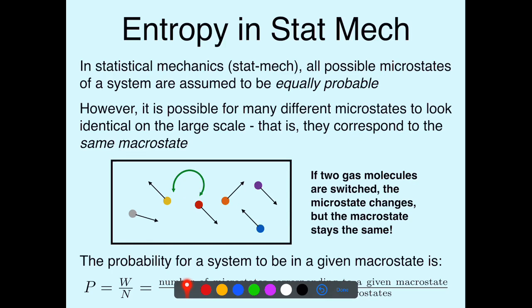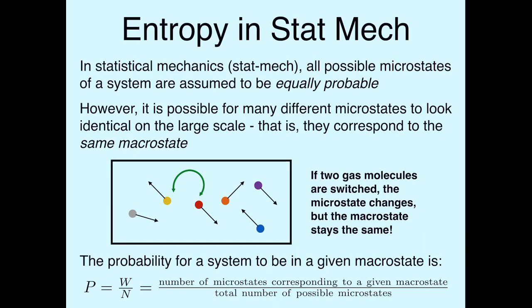It would have no measurable effect on the temperature or the pressure or anything like that. You'd be in the same macrostate, but technically you'd be in a different microstate because you've rearranged 2 of the molecules, okay? And if you have a large number of molecules, there's a ton of different ways you can rearrange things, switch molecules around and so on, so that it still looks the same on the large scale, okay?